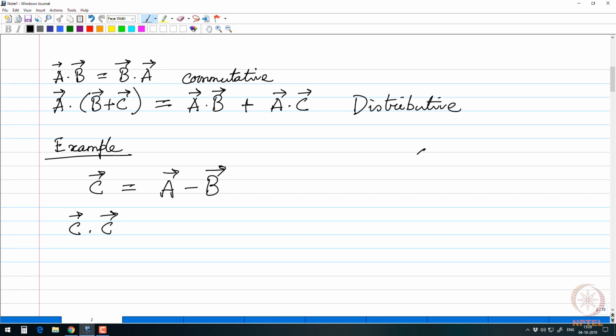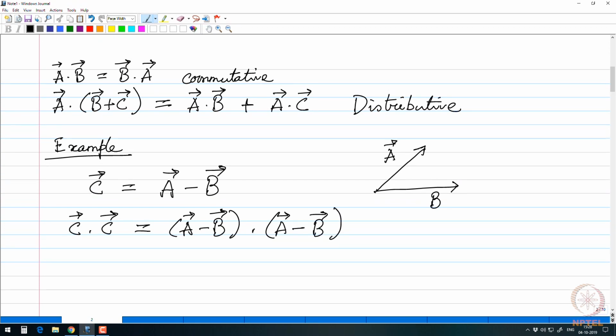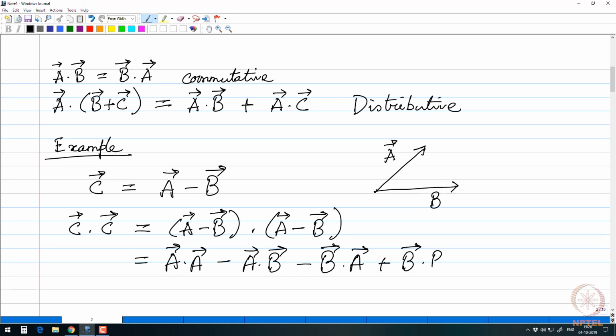Let's draw these vectors A and B. This is vector A, this is vector B. So, C dot C can be written in the algebraic form as A minus B dotted with the same thing, that is A minus B. This is given as A dot A minus A dot B minus B dot A plus B dot B.